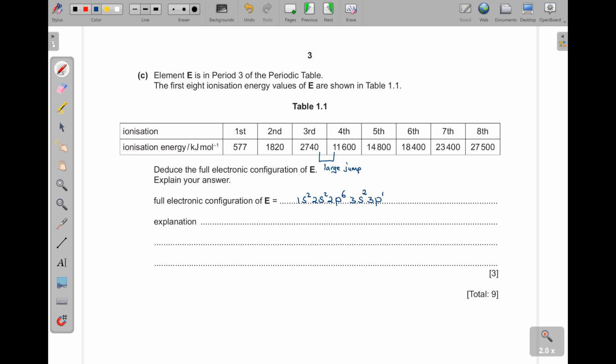So my explanation is going to be: the greatest jump is between the third and fourth ionization energies.